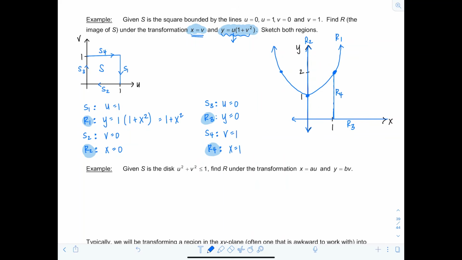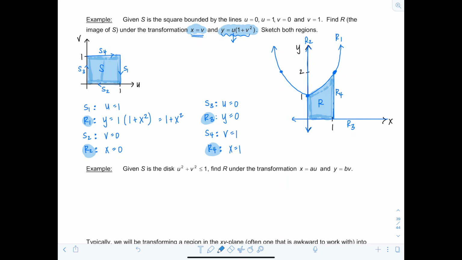Can you see what region they enclose? I hope so. It's right here. So this is the region R. And then here's the region S. Notice S is the simpler region, right? Wouldn't you much rather integrate over a cute little square than this shape here in the XY plane?